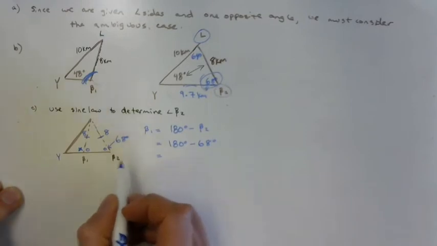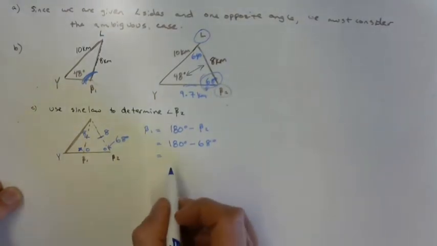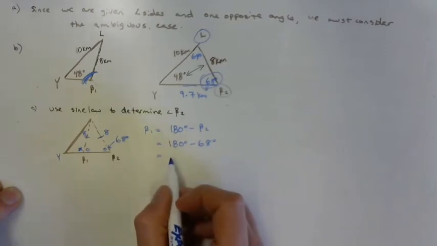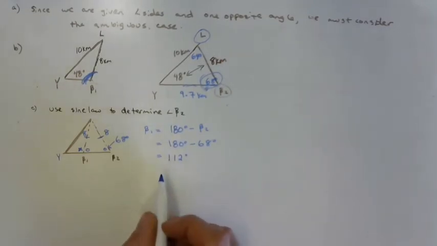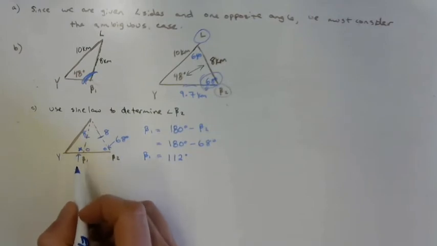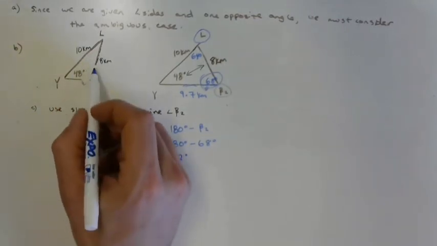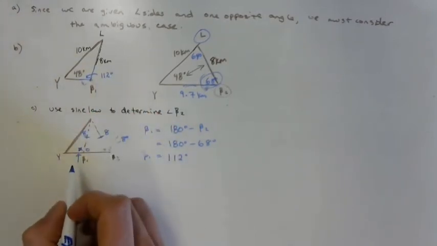That tells us that our other possible interior angle of this smaller triangle is 180 minus 68, which is 112 degrees. So this angle right here is 112 degrees.